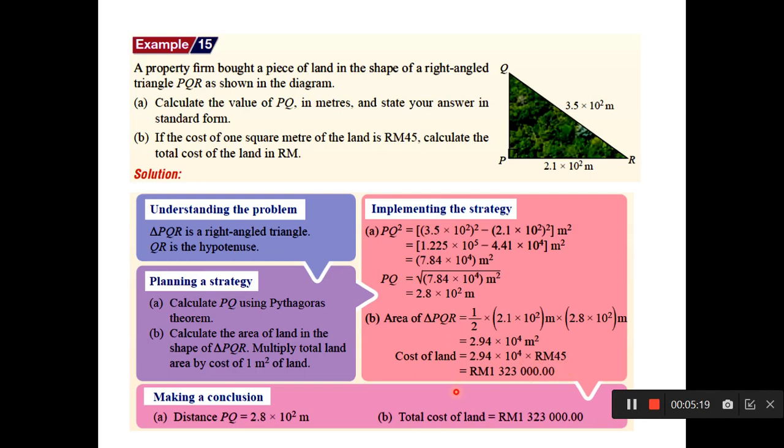The cost of the land is 1,323,000 ringgit. Making a conclusion, the distance of PQ is 2.8 times 10 to the power of 2 meter and the total cost of land is 1,323,000 ringgit.